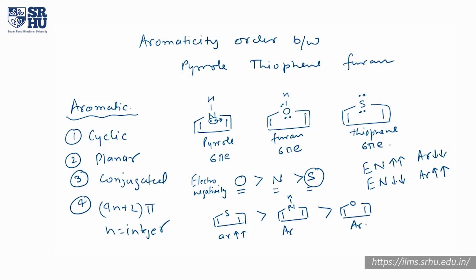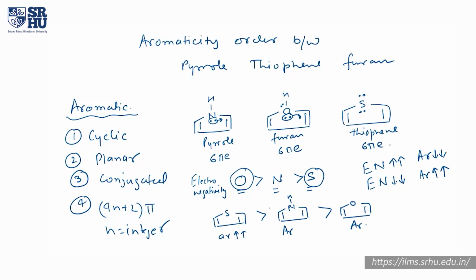So please remember that aromaticity will depend upon the electronegative character of the heteroatom. The one having the highest electronegative character will have a lower propensity to contribute its electron, because a conjugated system is created only when these electrons are shared to the pi electron system.